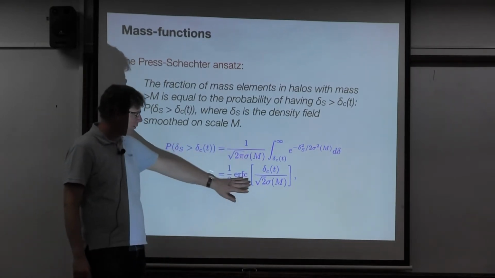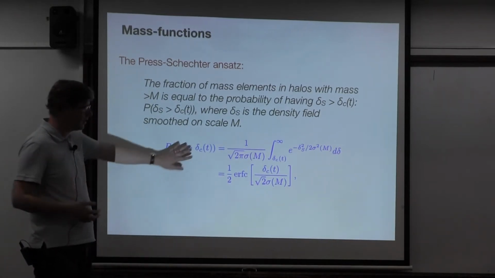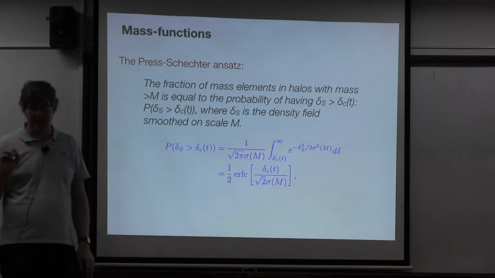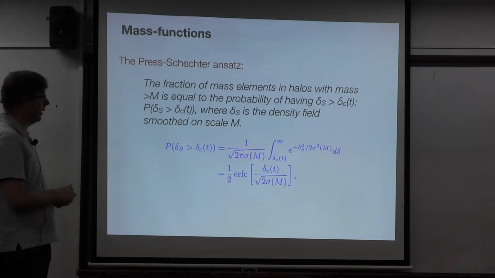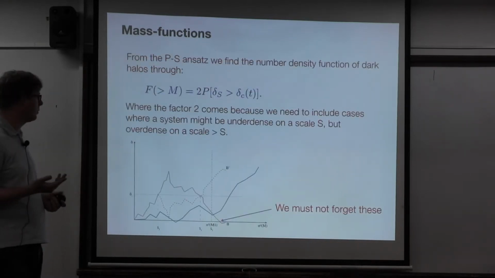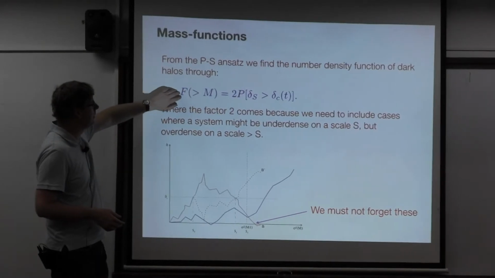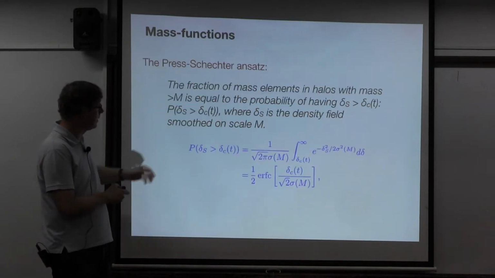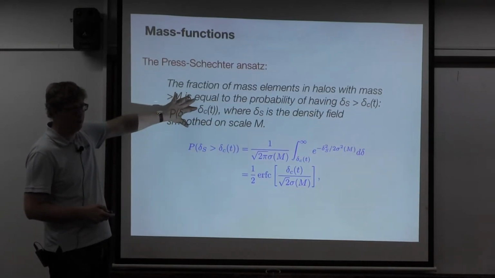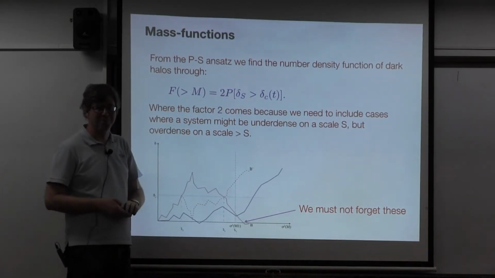And you can do the integral. It's a complementary error function, and that's the likelihood distribution. That's their ansatz, their proposal. You say, okay, that's where I'm going to start. And it will tell you that the fraction should be, and this is the bit they didn't put in their ansatz, so you see there's no question of a factor of 2 here. But then they found out that to get this to work, they had to multiply it by 2.